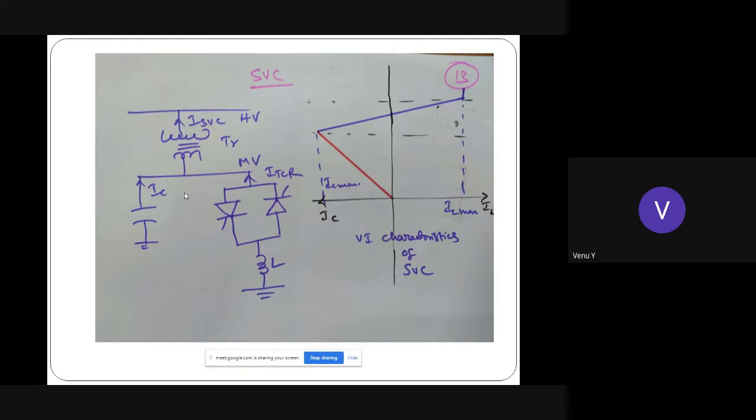Many objectives are there, shunt compensator as well as series compensator. You can go to YouTube and type my channel name. You can find more than 50 videos in which you can find FACTS videos also. You can refer to that, if anybody is interested. And you can also refer to the Hingorani textbook for FACTS controllers if you want to study well or go beyond your syllabus.